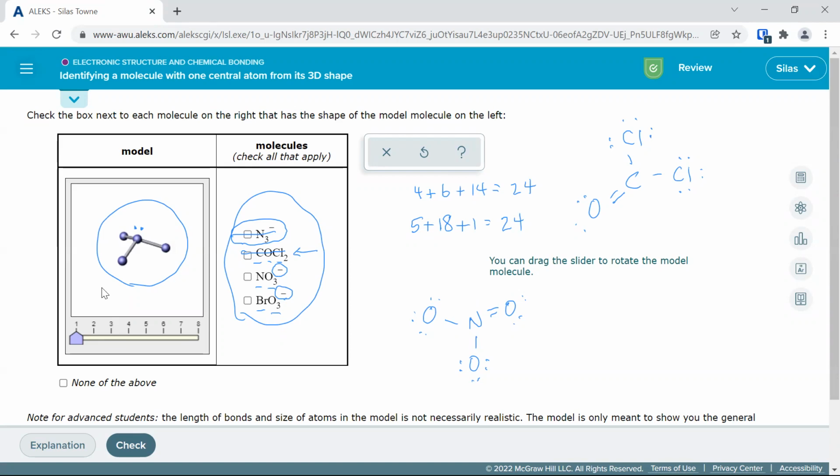Now let's look at the bromine. We got 7 plus 18 plus 1. So we have 26. Now that 26 gives me a hint that it's going to have a different structure than the one we just drew.